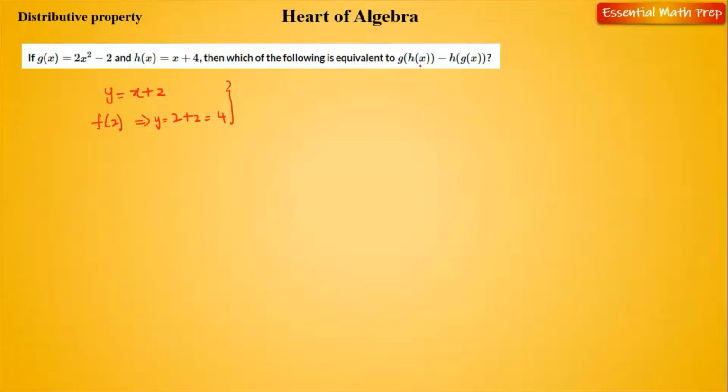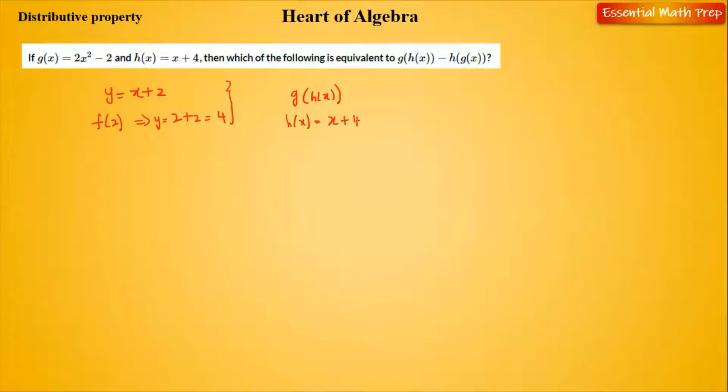So we're going to substitute the expression h of x into the x value of g of x. So g of h of x means we are going to take the h of x expression and substitute that in place of x in the g of x expression. So h of x is x plus 4, right?